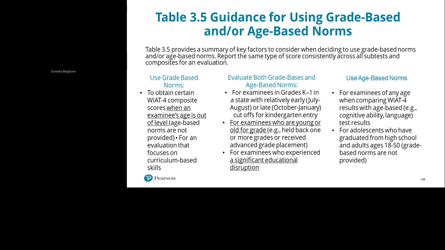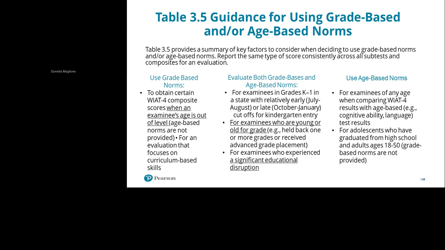The advantage of using grade-based norms then is that they reflect curriculum exposure by trimester for each grade level, but obviously these are less representative of examinees who perhaps are young or old for their grade. Please note that both grade and age-based norms have comparable reliability and validity. Both sets of norms have shorter time intervals at the earlier grades and age levels when achievement progresses more rapidly.